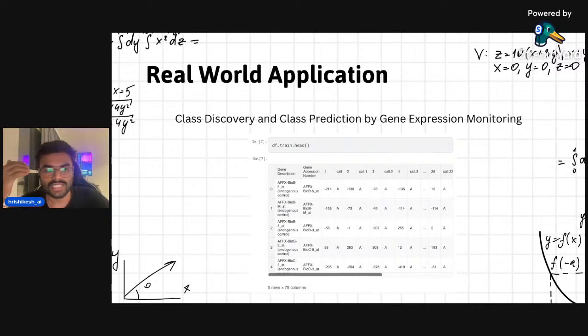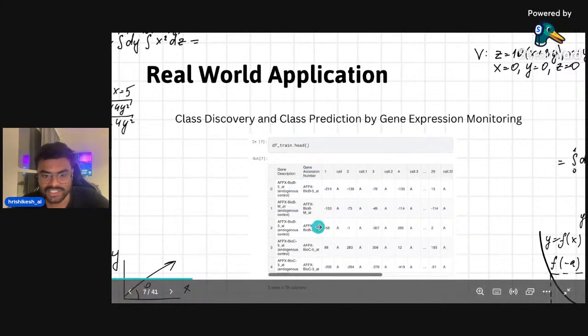If you are working in data analysis or on any contract with European companies, they will deal with this pharmacy kind of thing. This is class discovery and class prediction by gene, and you can see the attributes and the gene expression. Here also it's 78 columns, so we can't just directly give 78 columns, right?